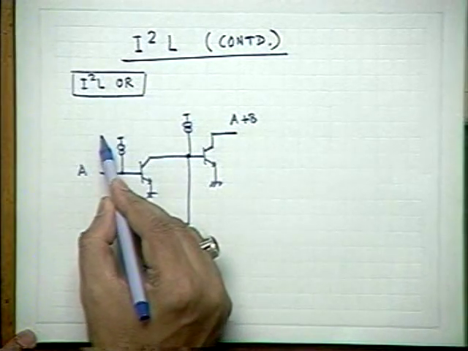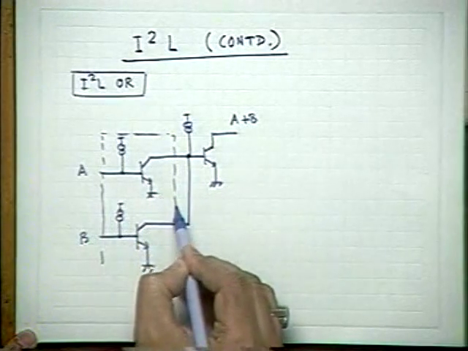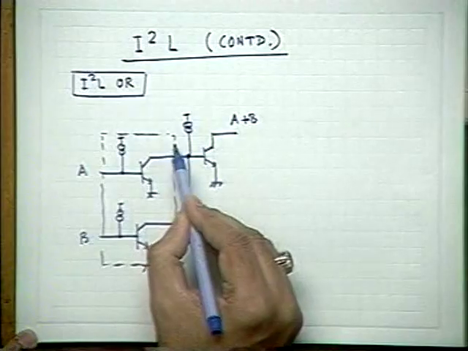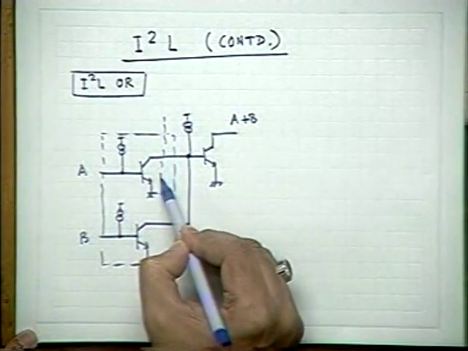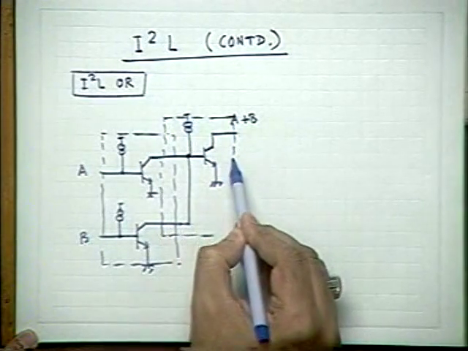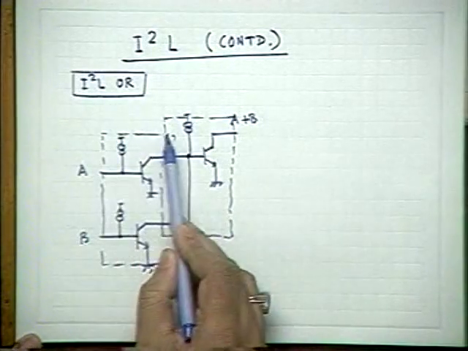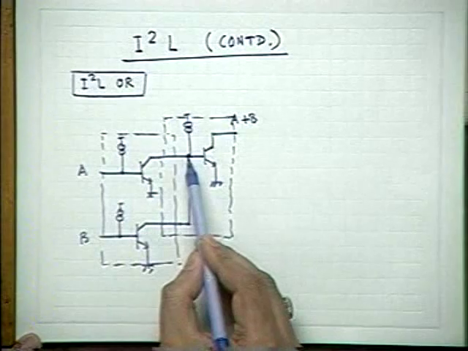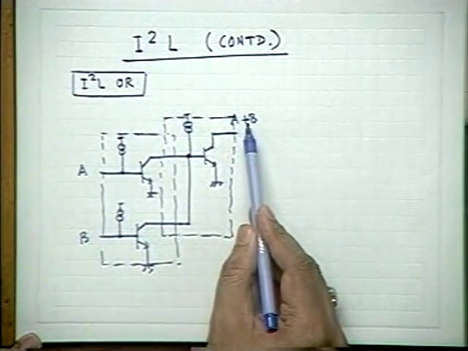That is, I can draw a block like this, or I can also draw a block like this. This block shows a NOR gate at the output, which is inverted to produce the OR gate.